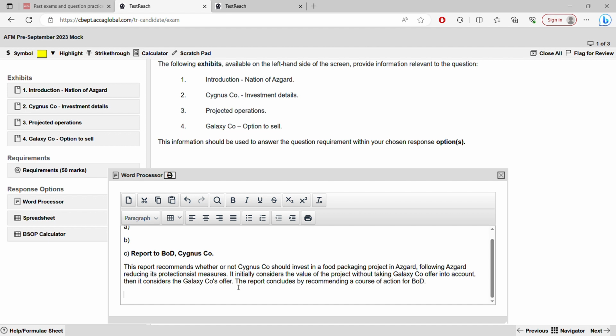Value of the project without Galaxy company's offer. Pre Galaxy company's offer. This is a subheading.